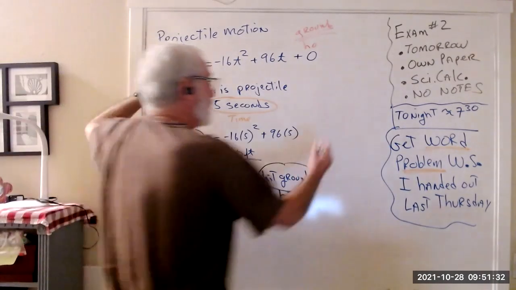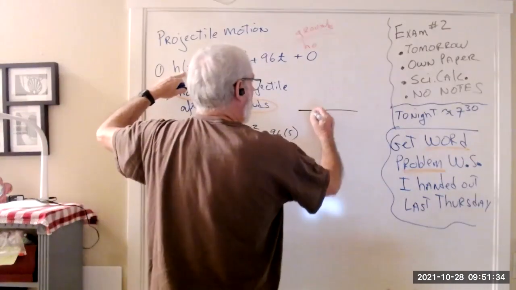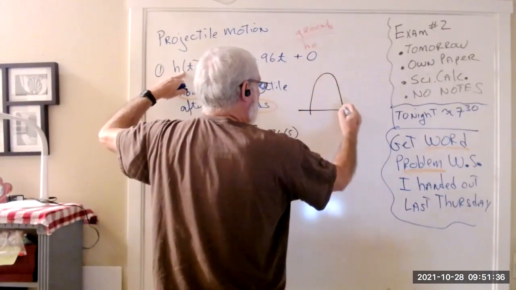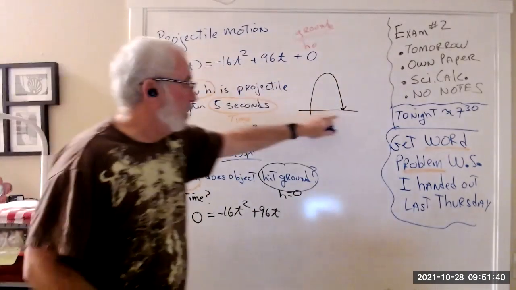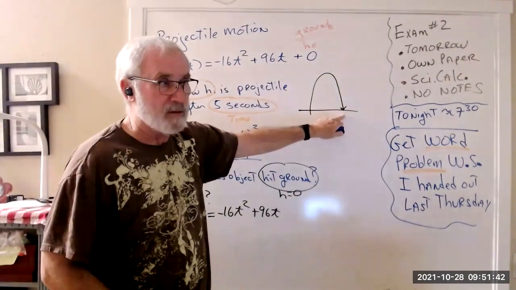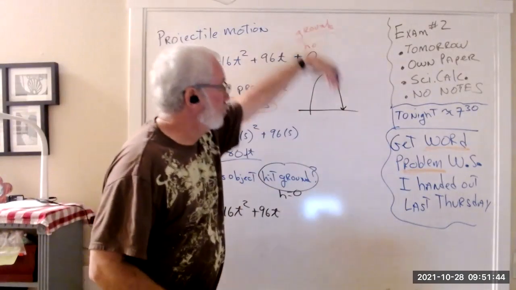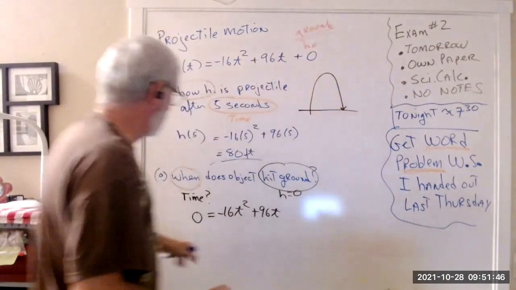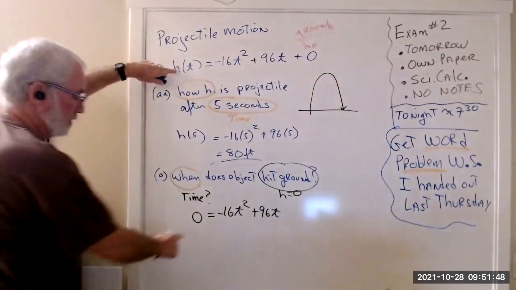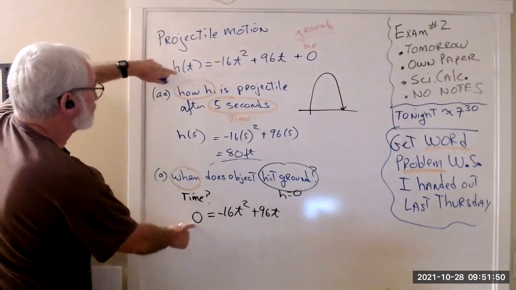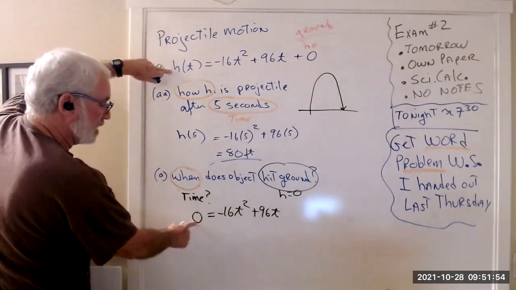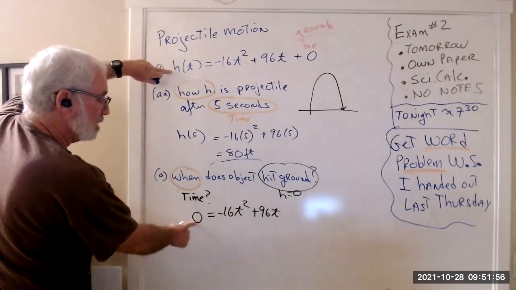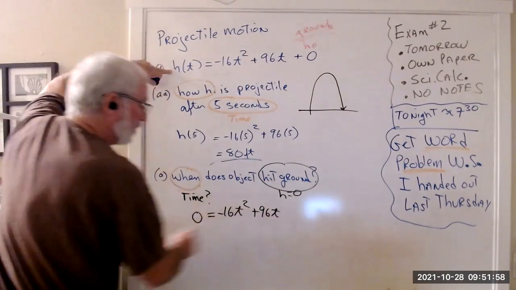What this is saying is our object is going to go up, come down, hit the ground. And we want to know, when does it hit the ground? What is the time it takes to hit the ground? So again, please understand, this was height after an unknown amount of time. Height is going to be 0 eventually, but it's held to this formula.